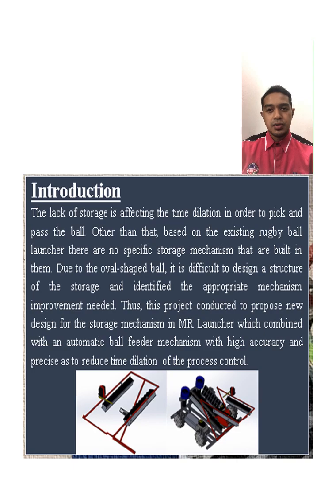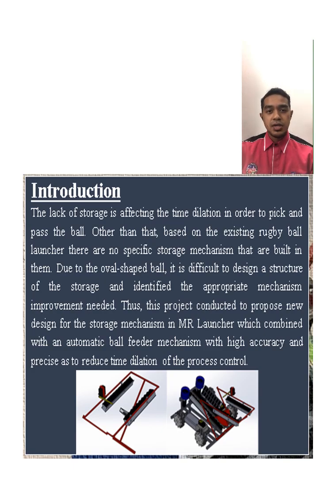So, as for the introduction of this project, the lack of storage is affecting the time dilation in order to pick and pass the ball. Other than that, based on the existing rugby ball launchers, there is no specific storage mechanism built in them.